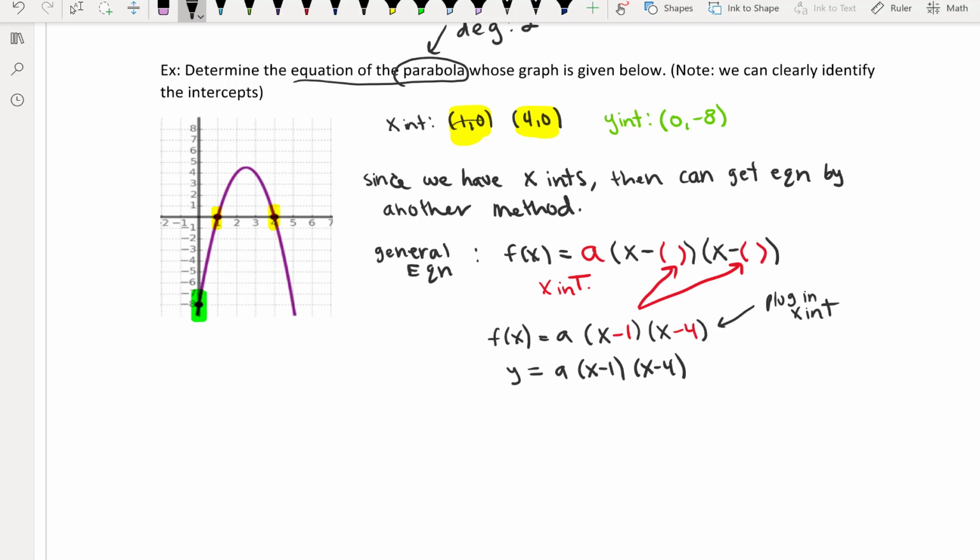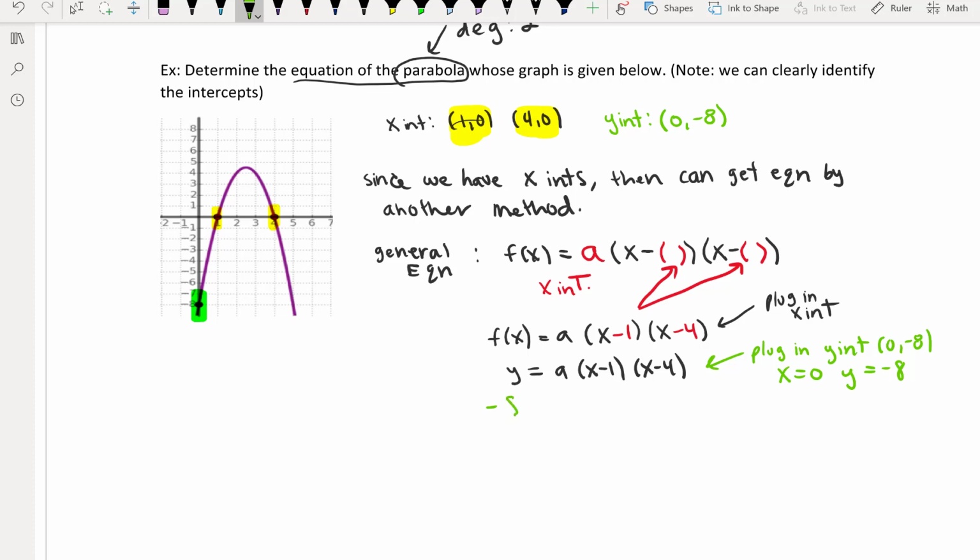What's the other piece of information that we have? That's right, the y-intercept. I'm going to plug in my y-intercept, (0, -8). That tells us x is equal to 0 and y is equal to negative 8. Whenever I see a y, it'll be negative 8, and whenever I see an x, that's 0.